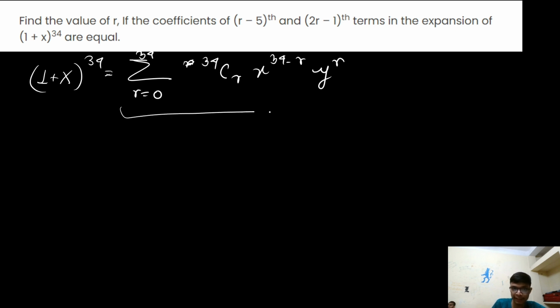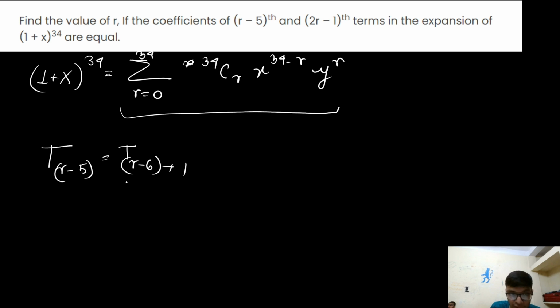Okay, so this is how we get to the general term of any binomial expansion. All right. So if we think about the general term, now it is said that the coefficient of the r plus 5th term, since we are talking about the r minus 5th term, that is basically equal to r minus 6 plus 1. That means the actual value of r which we use in this particular place is r minus 6.